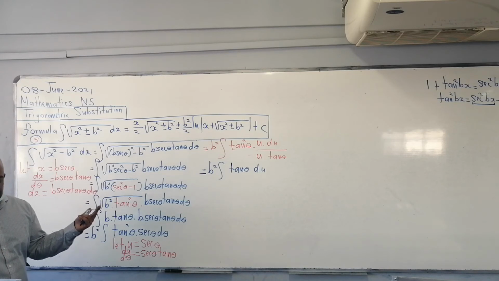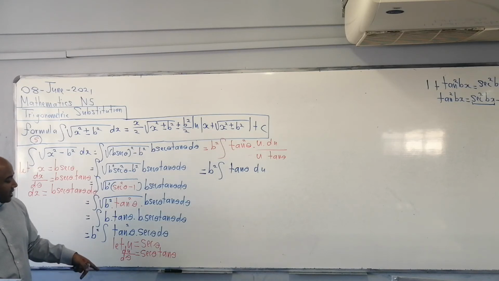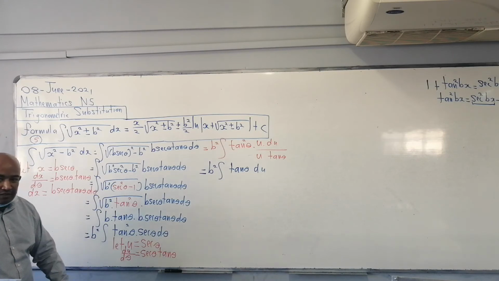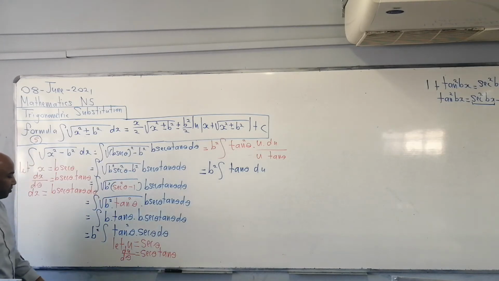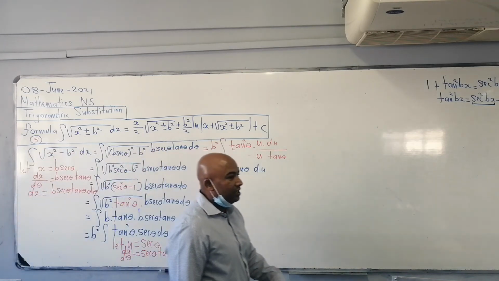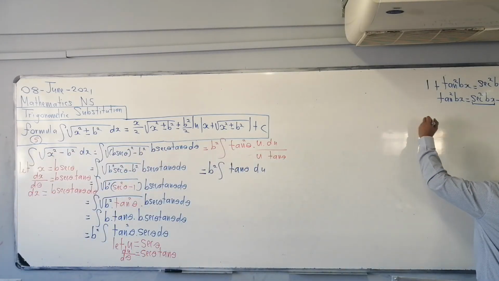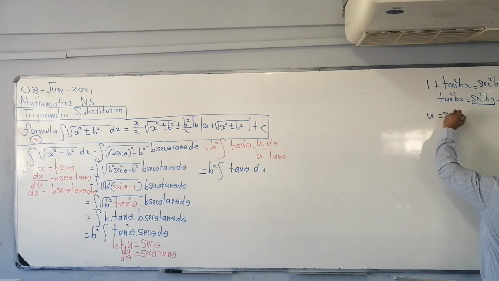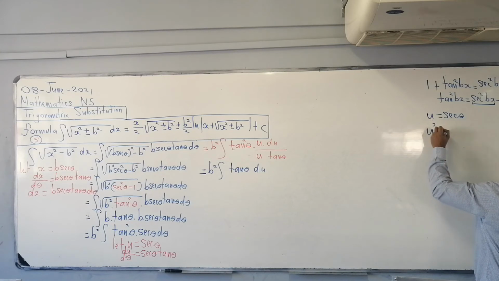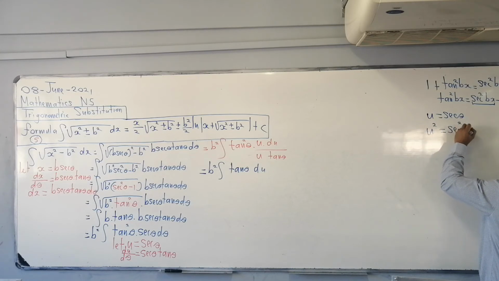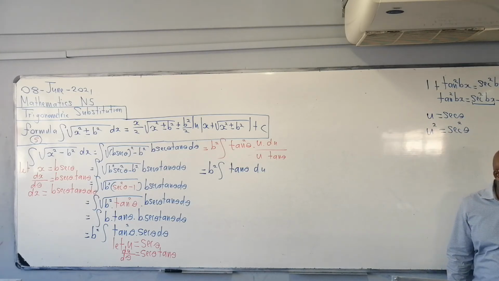So can you get tan theta in terms of u? Let's see. If u is equal to sec theta, then u squared is equal to sec squared. We agree with that?